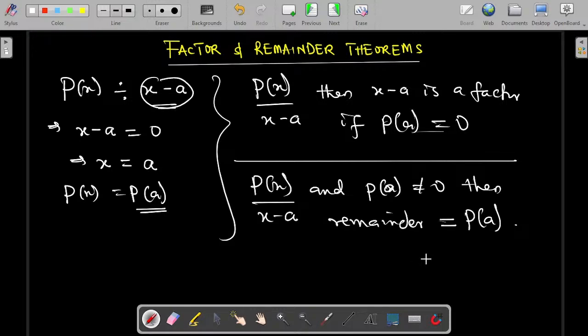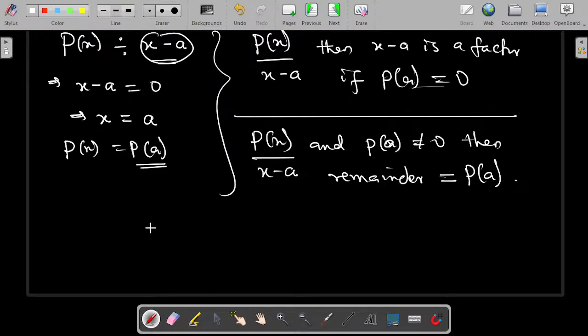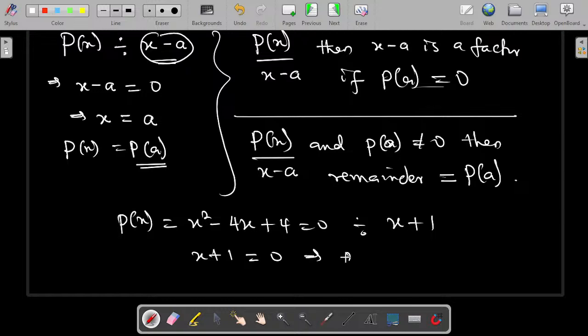For instance, let me give a very simple example before we proceed to other important examples. If I have my p of x equal to x squared minus 4x plus 4, and I divide this by x plus 1, then if I equate x plus 1 equal to 0, I get that x is equal to negative 1.